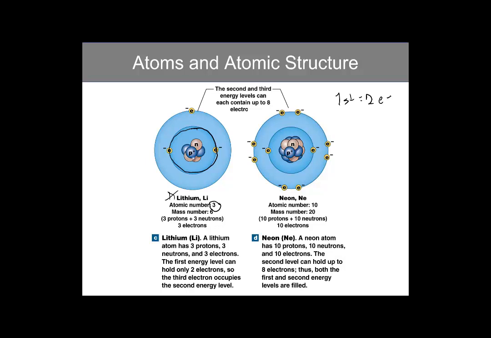Once that shell is filled, the second and third can hold a maximum of 8 electrons. In the case of neon, neon has an atomic number of 10. We see that the first energy level houses 2 electrons, while the second energy level is going to carry 8.